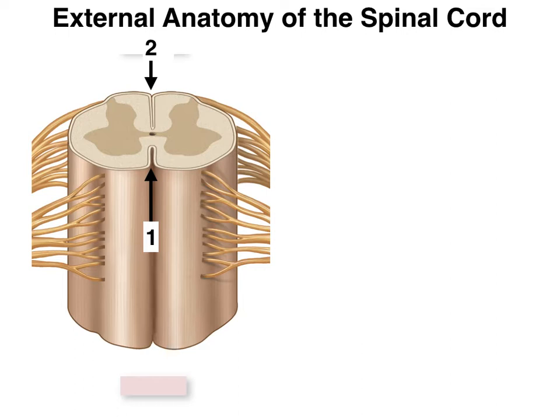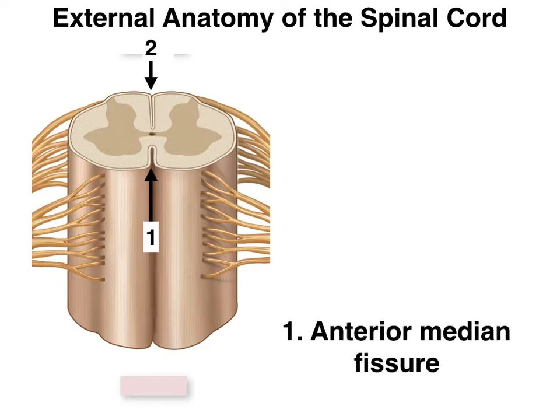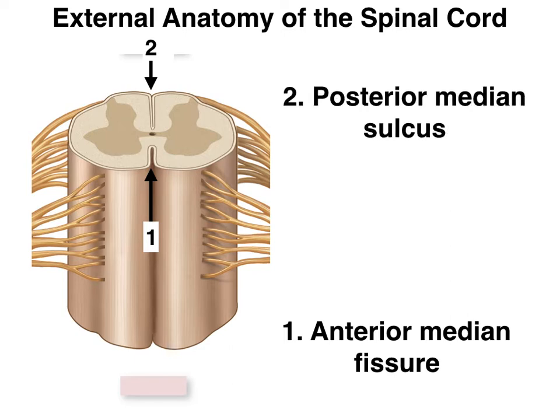So we call number 1 the anterior median fissure. Number 2 is a much thinner type of fold, and it's on the posterior. So we call this the posterior median sulcus.